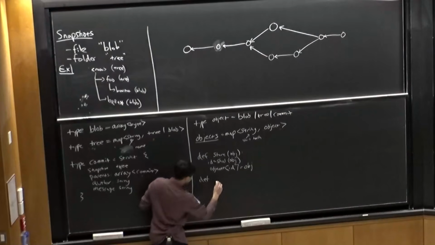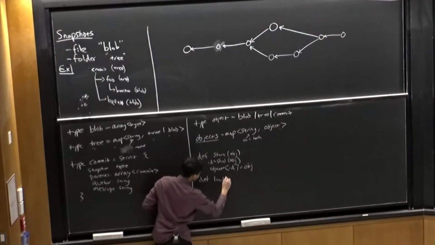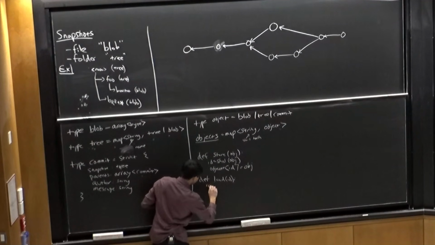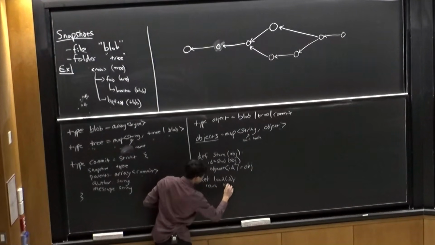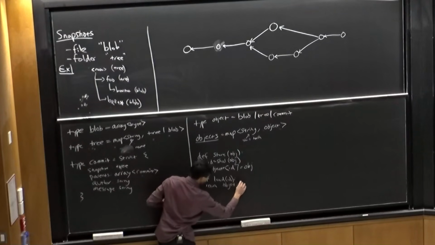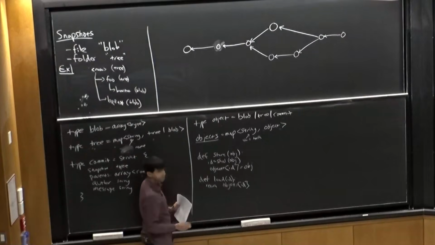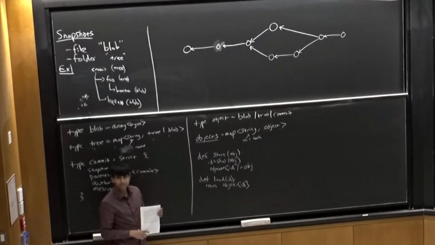And then I'm sure you can fill this one in yourself. If we want to load something by ID from this object store, we just look at the object store and grab it by its ID. All good so far?